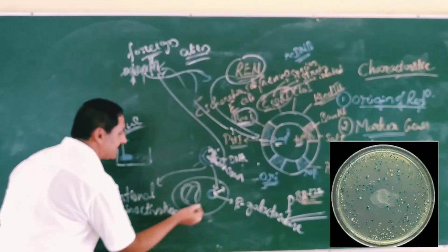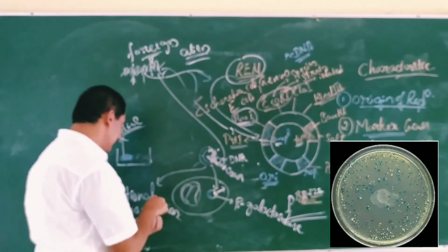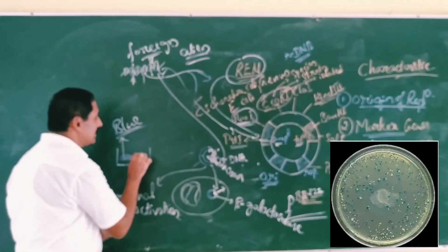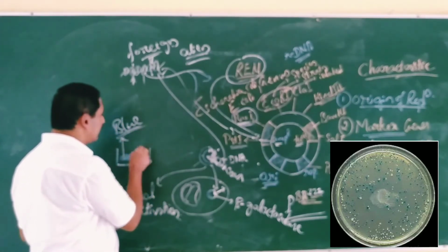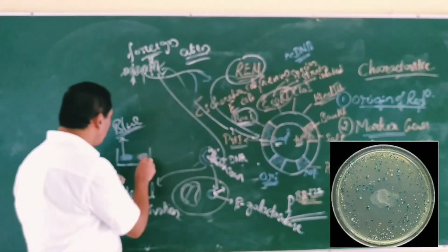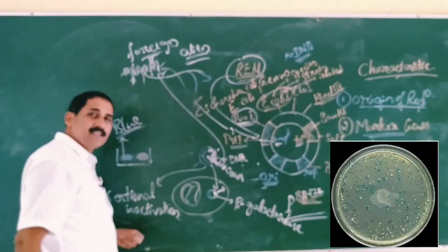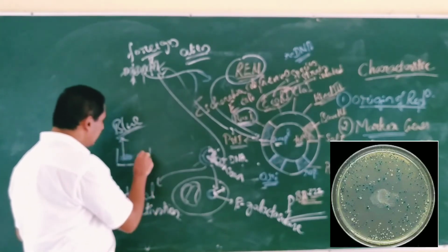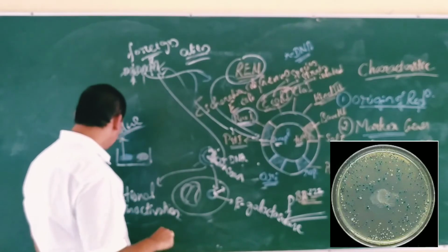Such cells with inactivated beta-galactosidase form a bacterial colony that is a colorless colony. So we can identify the colored and colorless nature of the bacterial colony in the bacterial plate. We can identify the recombinants and also the non-recombinants.